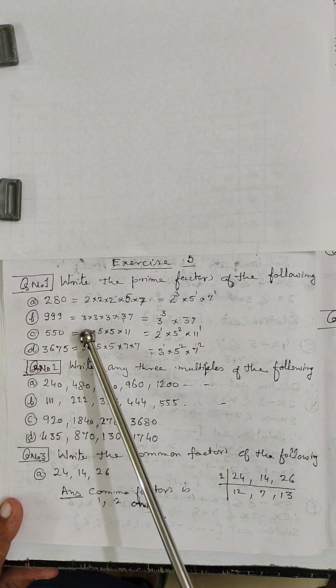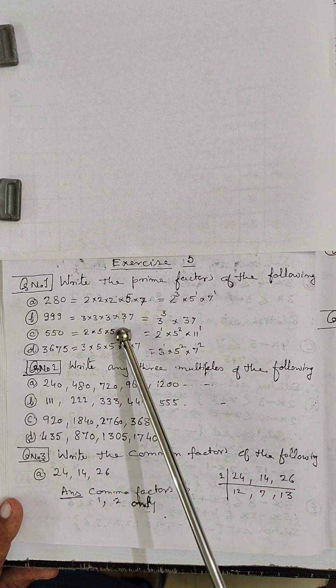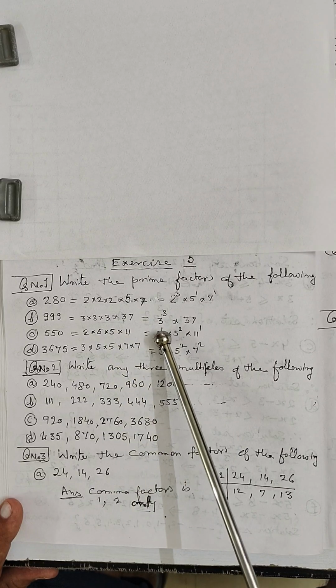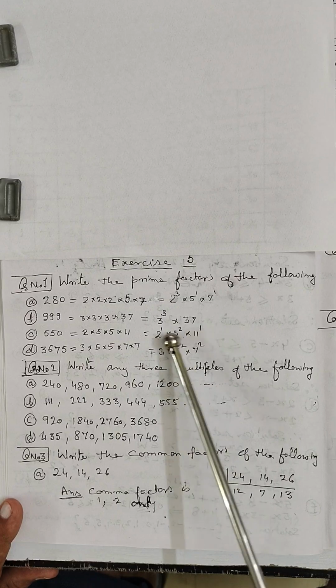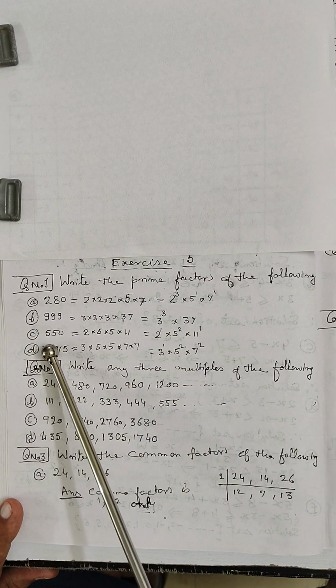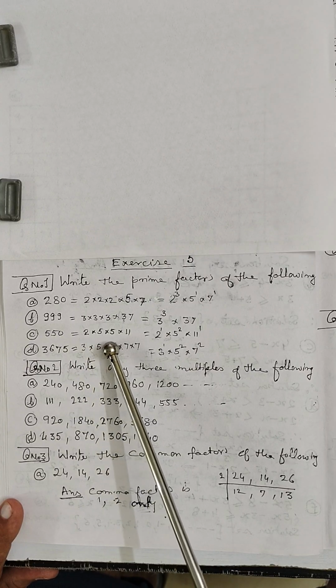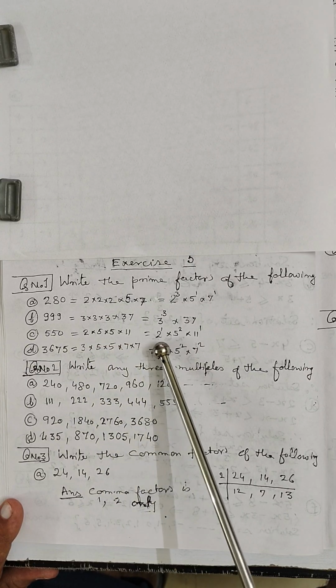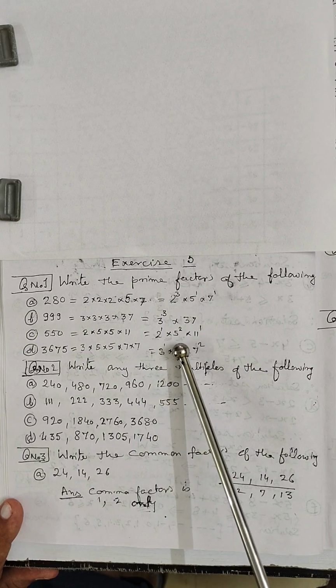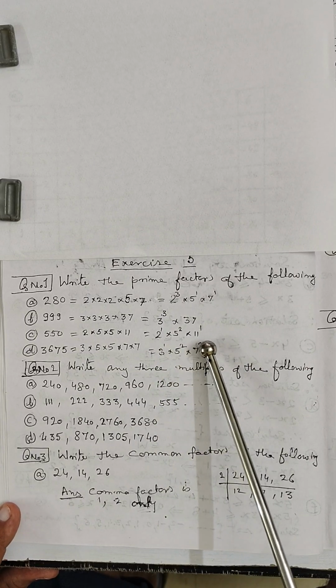It will be 3 into 3 into 3 into 37. It means it can be written in this way also, that 3 raised to power 3 into 37. Now the C part, the 550, the prime factors are 2 into 5 into 5 into 11. So 2 raised to power 1 into 5 raised to power 2 into 11 raised to power 1.